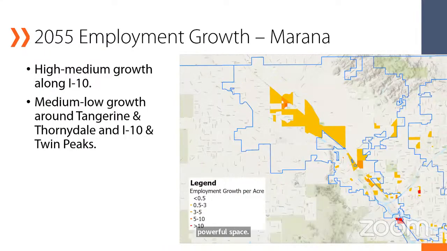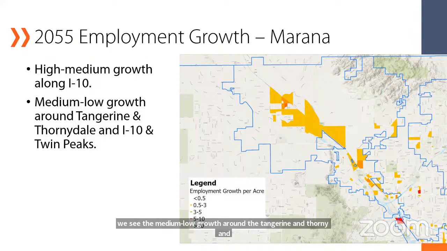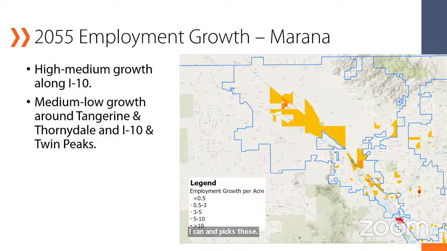And for the town of Marana, we see the high and medium growth along I-10, and we see the medium-low growth around Tangerine and Thornydale and I-10 and Twin Peaks, those major arterials and freeways.